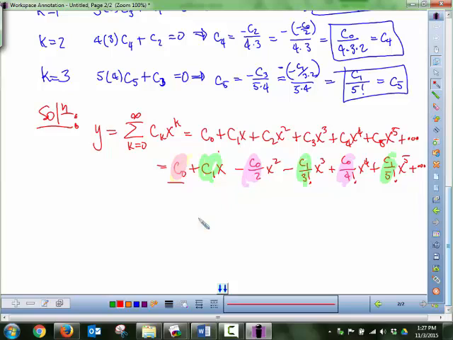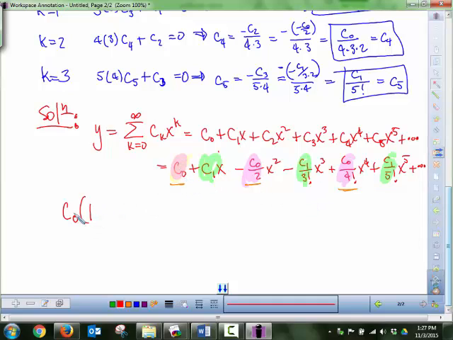Let's gather the c sub 0s together and factor it out. I'm going to factor out a c sub 0 from all the terms that are c sub 0s, and then let's see what we get.